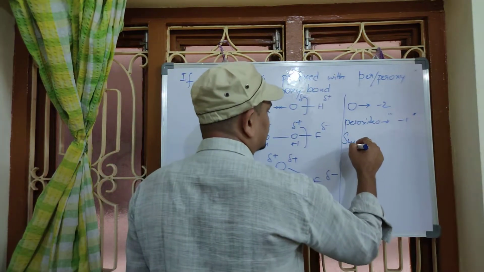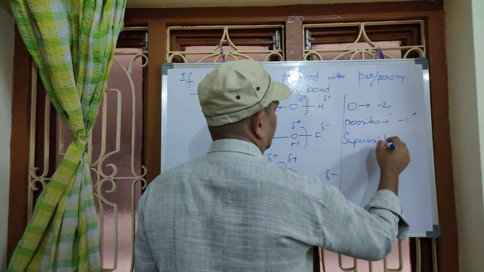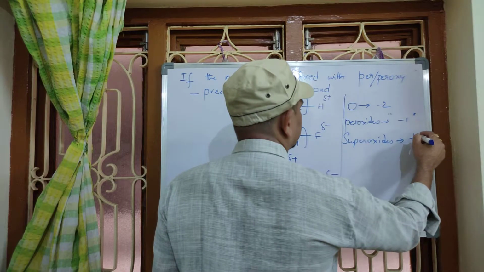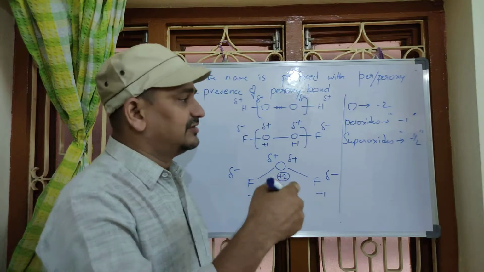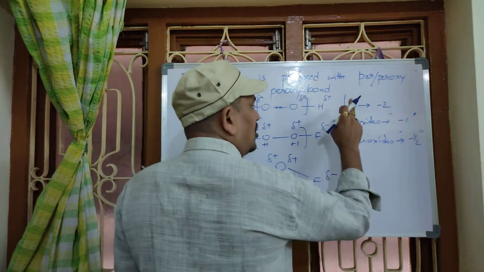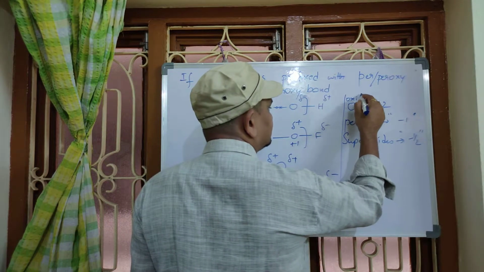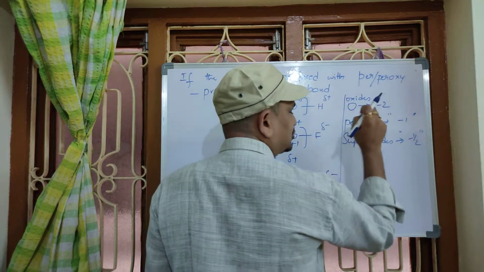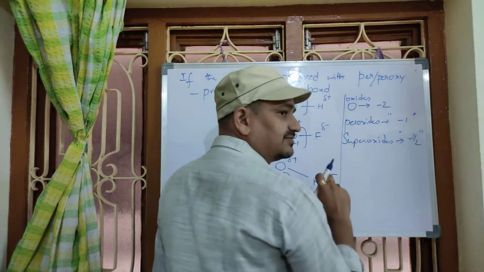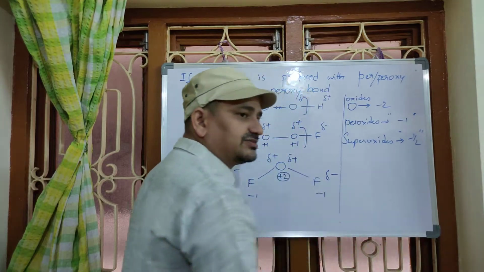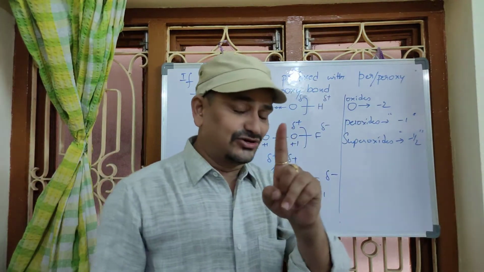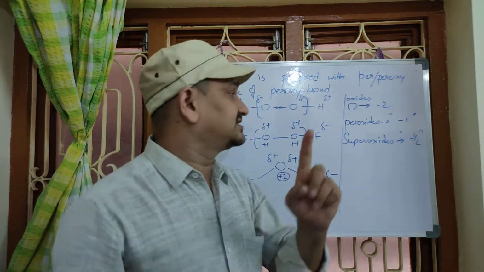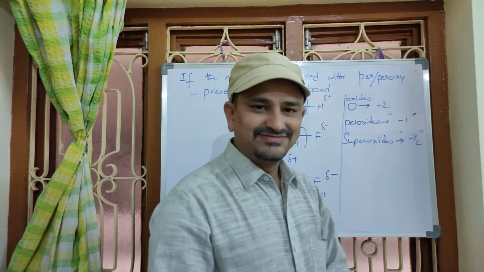And in case of superoxides, each oxygen possesses -1/2. Already we studied this in the previous class. Once again, oxygen in oxides shows -2, in peroxides shows -1, in superoxides shows -1/2. These oxidation states are per oxygen. Don't neglect that point. For each oxygen, these are the oxidation states.